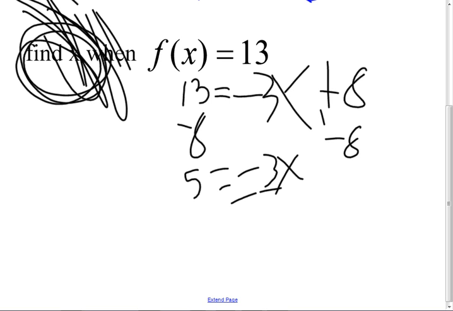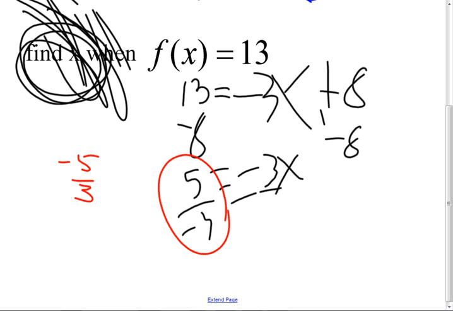Divide by what? Matt, divide by what? Negative 3. Divide by negative 3. That's it. That's the answer. What's wrong with this answer? Nothing at all is wrong with that. Okay?